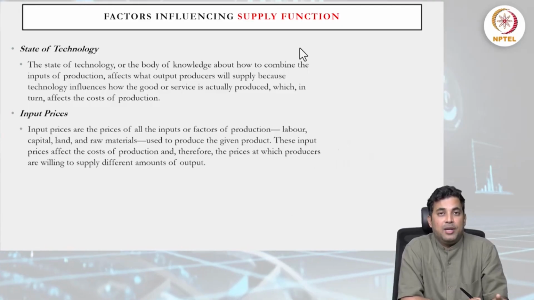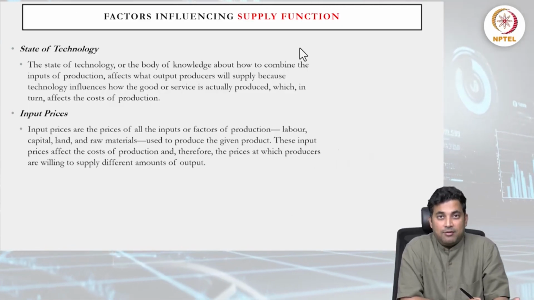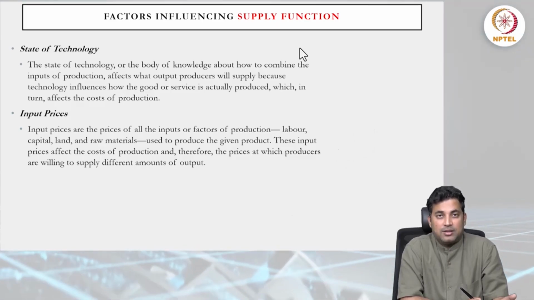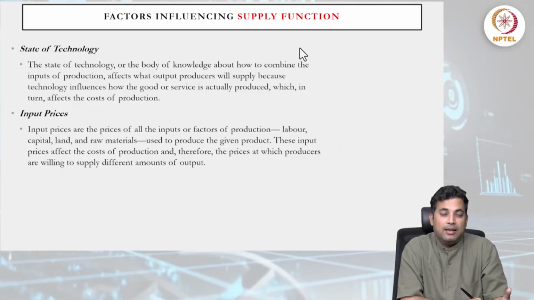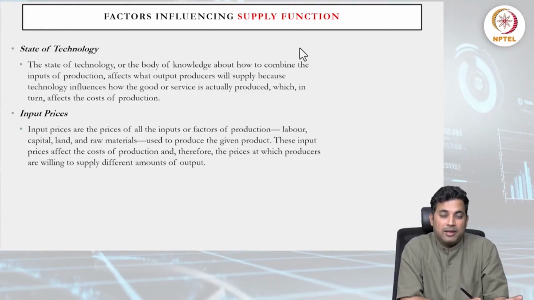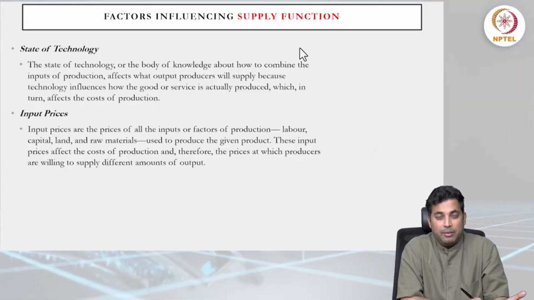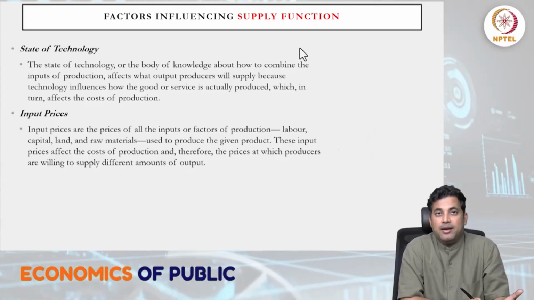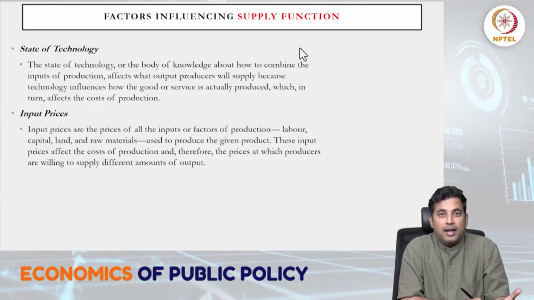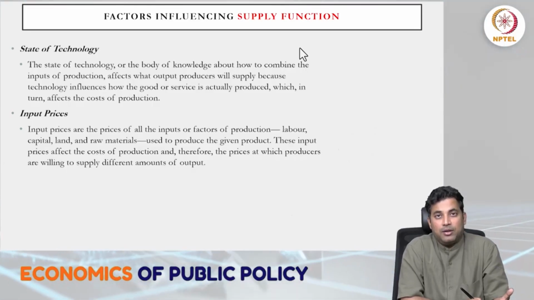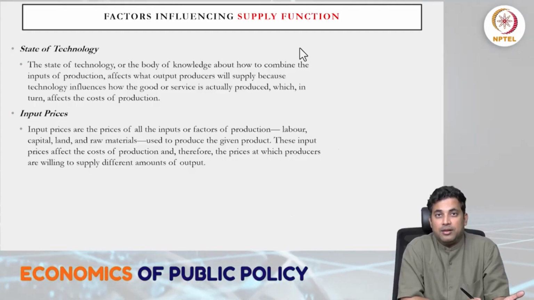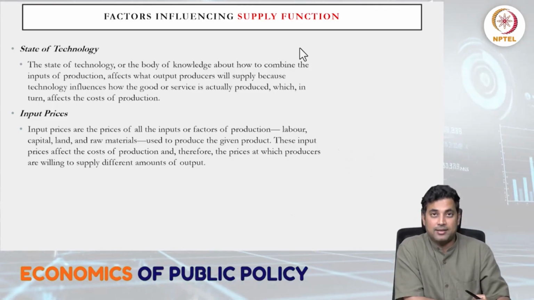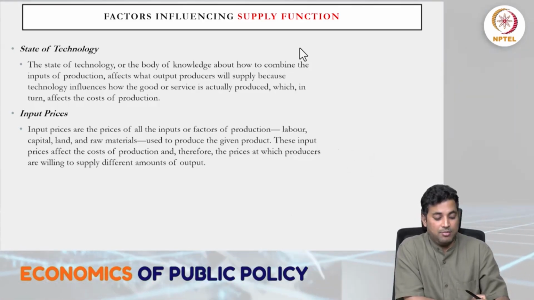Input prices, like if minimum wages are increased by the government, then that will also impact the supply curve at the farm level, because labor will become expensive, and some strategy at the farm level by the producers will be there. Or say the rate of interest increases by monetary policy, and then that also will impact at the farm level while using the total capital. So these are because of changes in input prices.